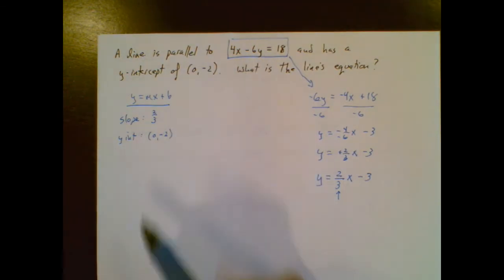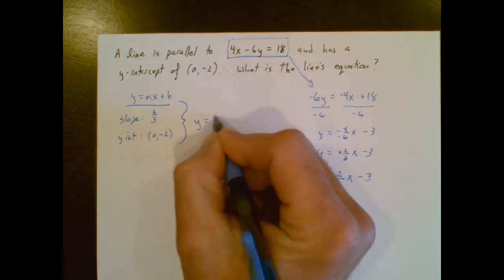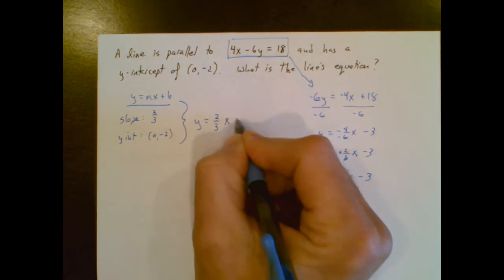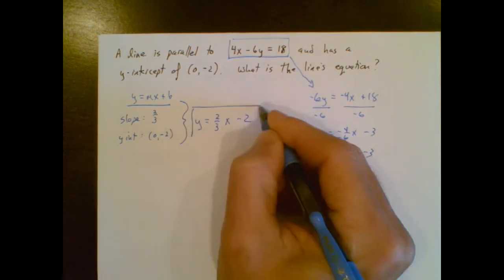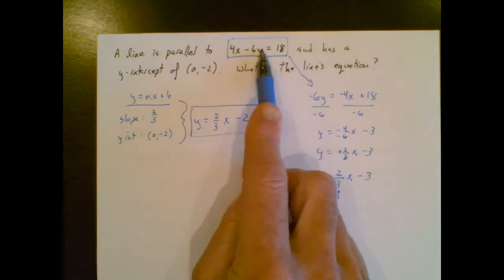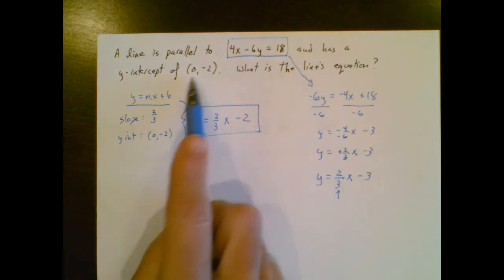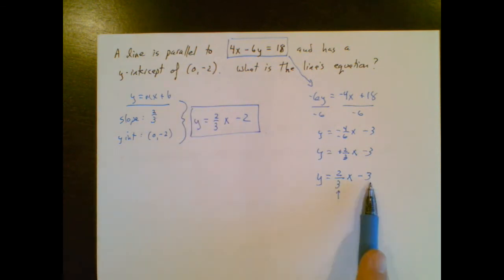They told us the y-intercept. So from this information, I can simply say y equals 2/3 x minus 2. Now I have the equation of the line parallel to that, because the slopes are the same, different y-intercept than that line. That is parallel and perpendicular lines.